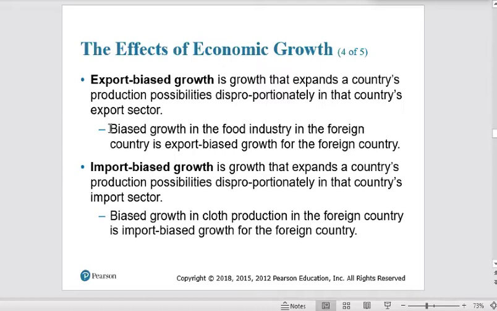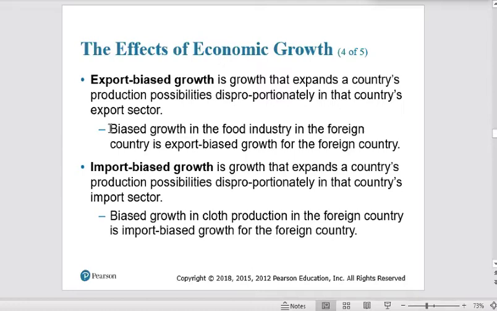What I mean is, for example, if China produces smartphones and bananas, and China exports smartphones to the rest of the world, what happens if there's growth in the smartphone industry? How does that impact Chinese terms of trade, and therefore Chinese national welfare?